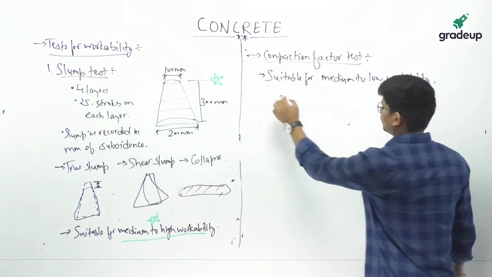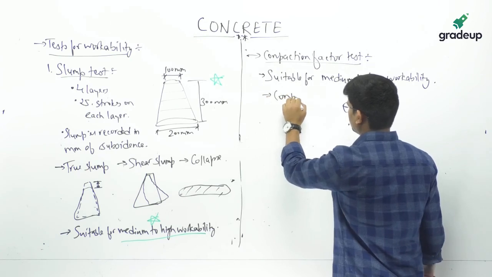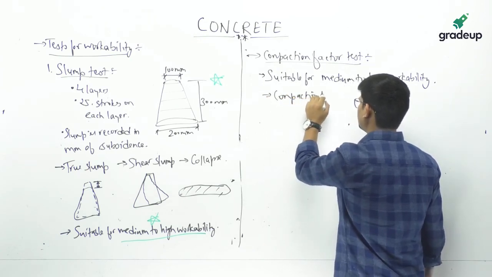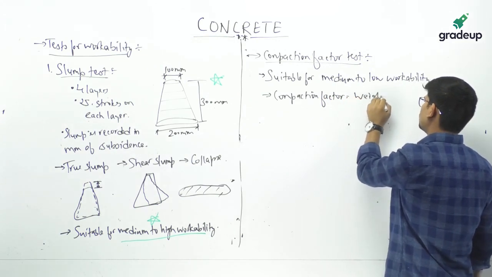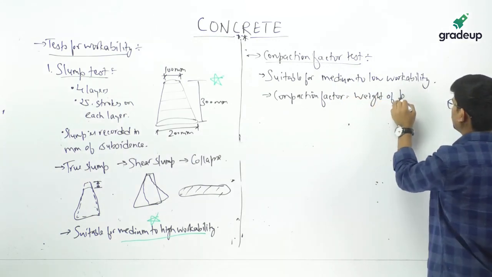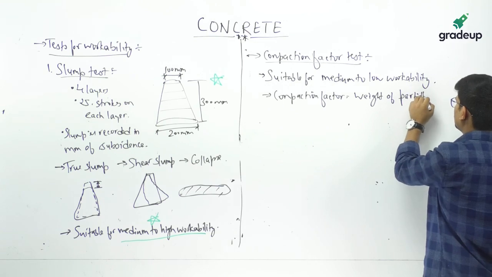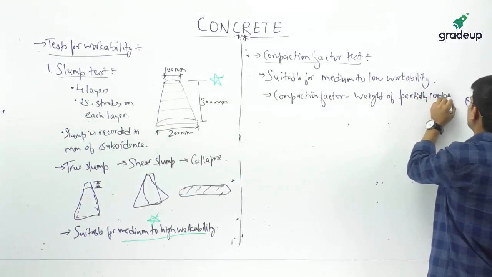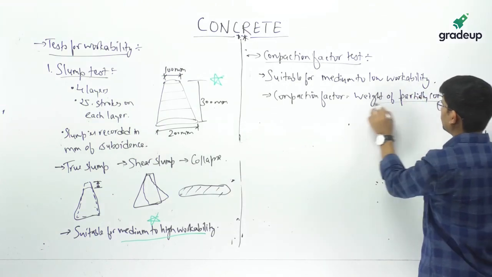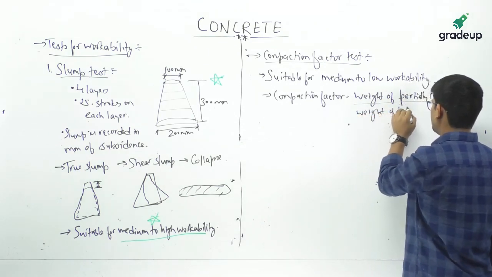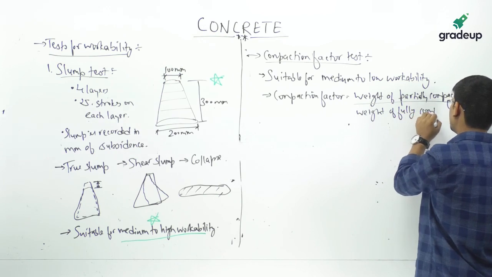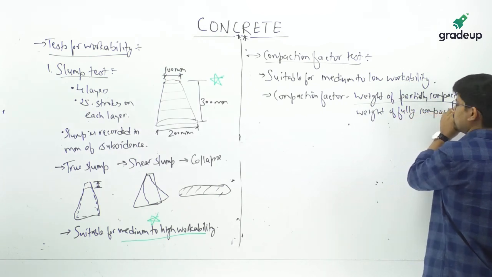And what is the compaction factor? It is the weight of partially compacted divided by weight of fully compacted specimen.